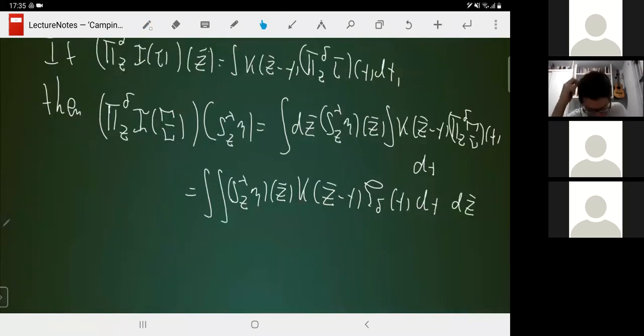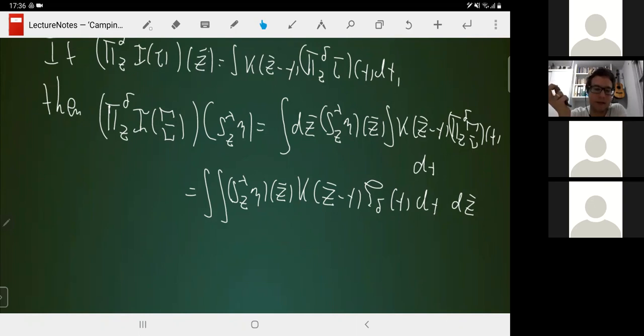So let's see a quick way of seeing that there's no a priori reason why this should go to 0. Because we want to see why this is not going to 0 with lambda, right? Exactly.